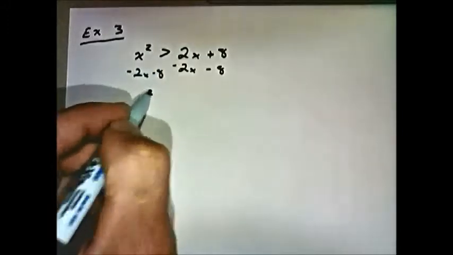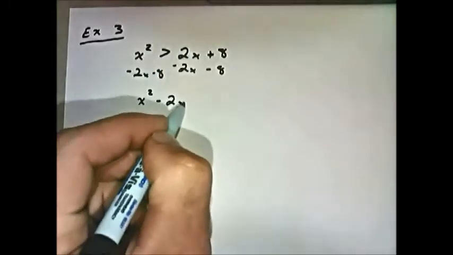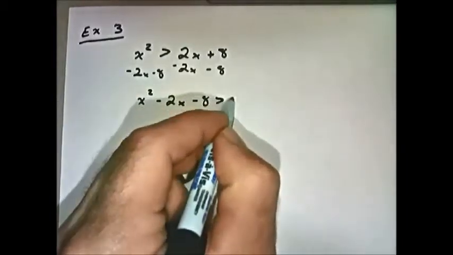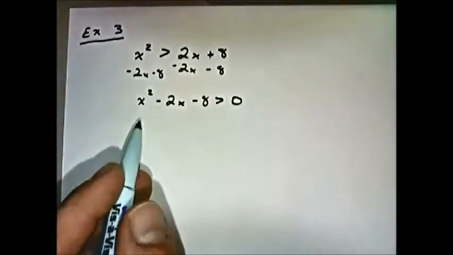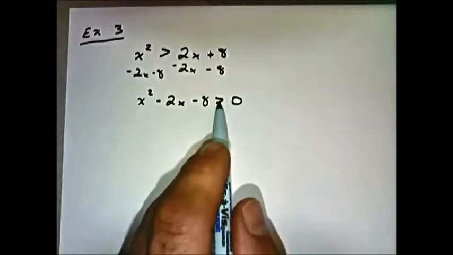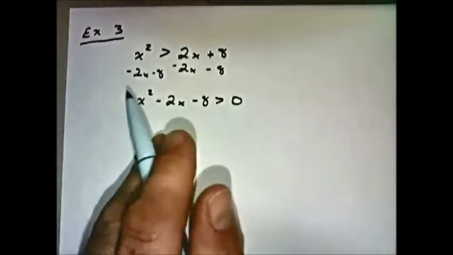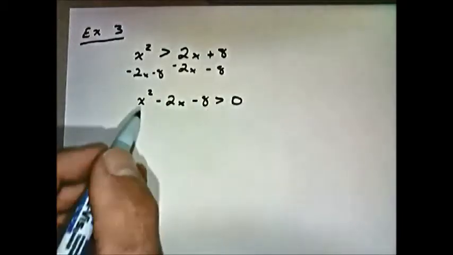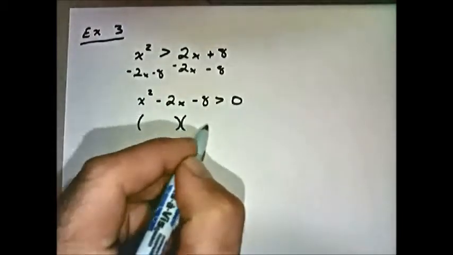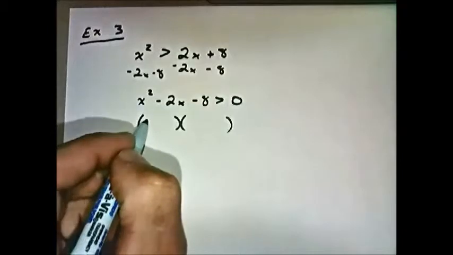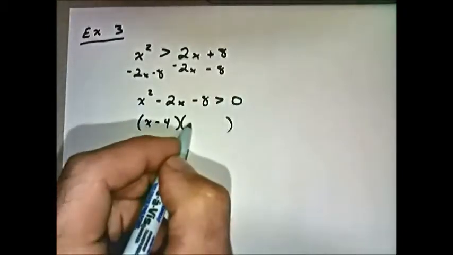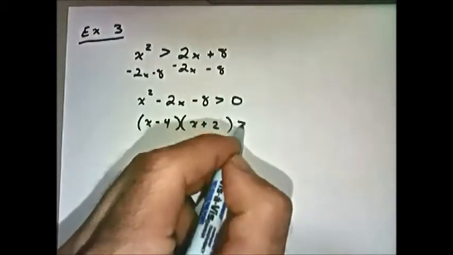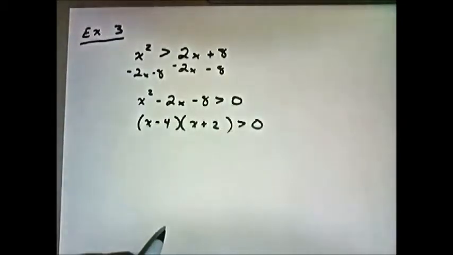So our quadratic inequality will be x squared minus 2x minus 8 is greater than 0. Again, we have a greater than symbol, so both will be positive or both will be negative when we factor. To factor, we have x minus 4 and x plus 2 is greater than 0.